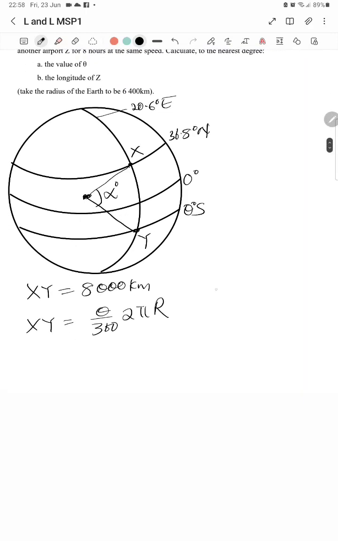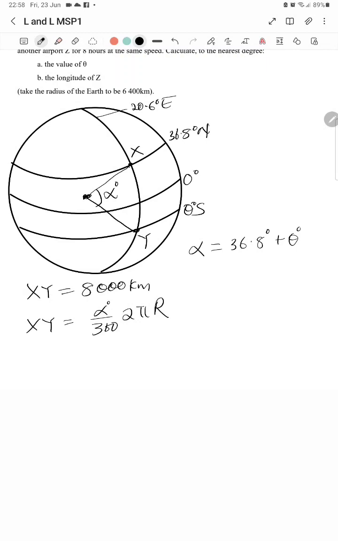So we substitute, and this time we use alpha. Because they are in different regions, one north and one south, alpha is going to be 36.8 degrees plus theta degrees.